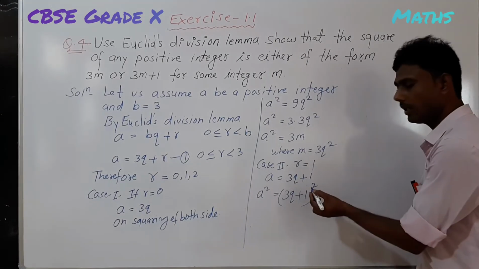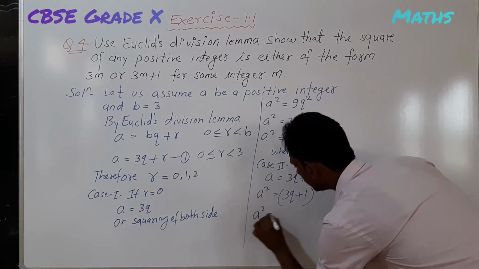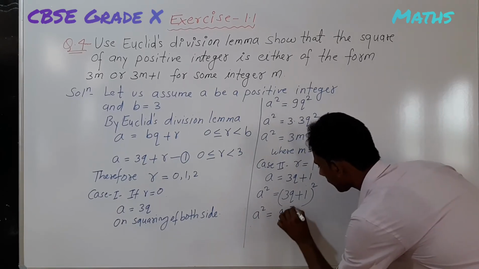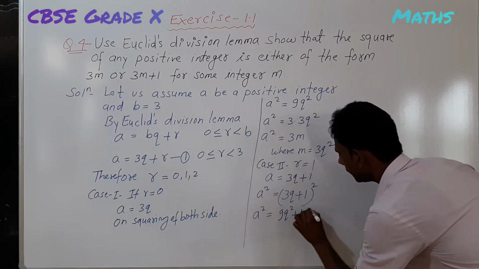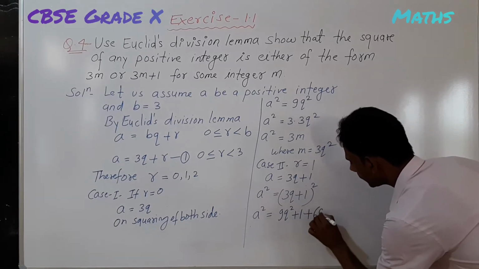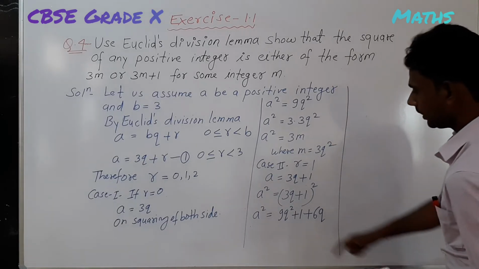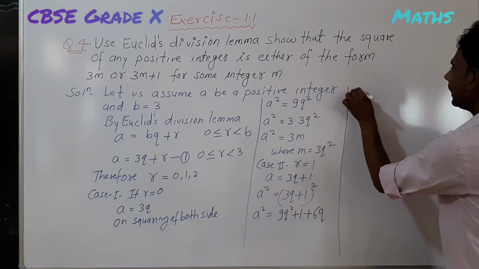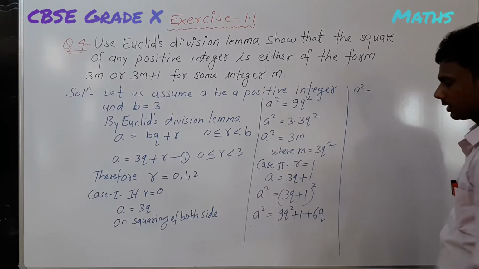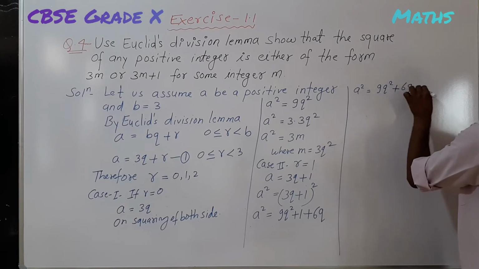Similarly, we find the square of 3q plus 1. Therefore, a square is equal to 9q square plus 1 square, 1, plus 2 into 3q into 1, that is 6q. Now we arrange it: a square equal to 9q square plus 6q plus 1.